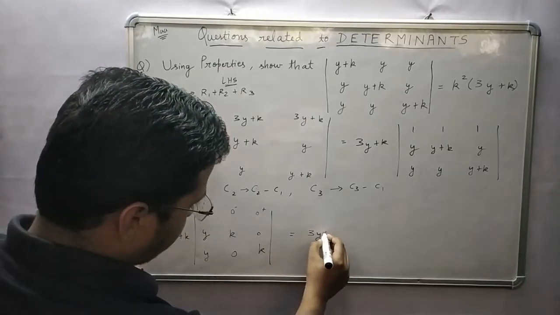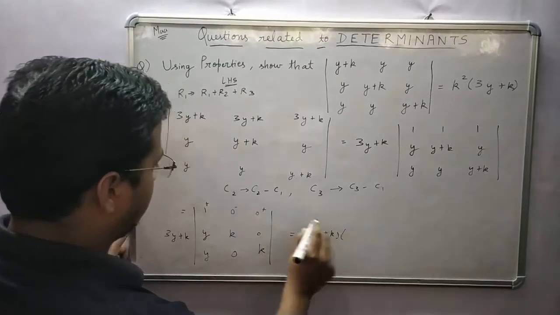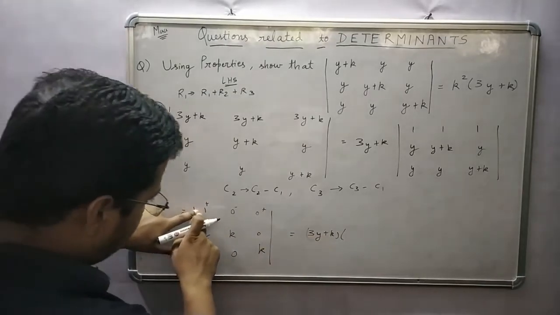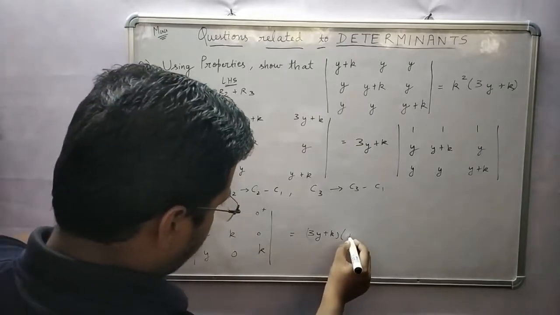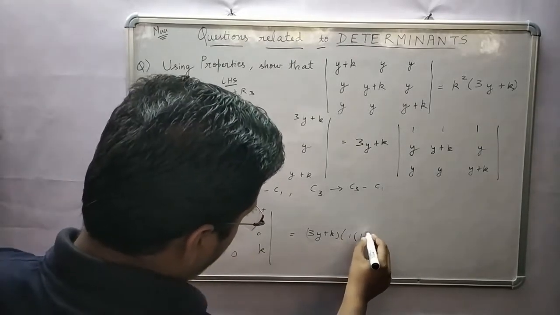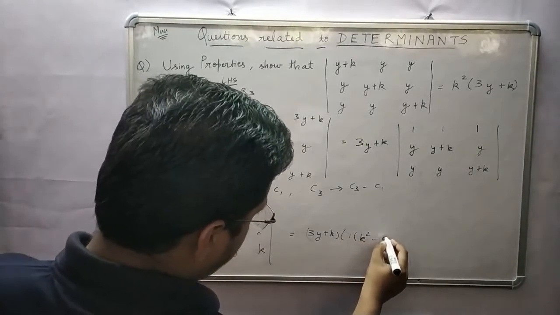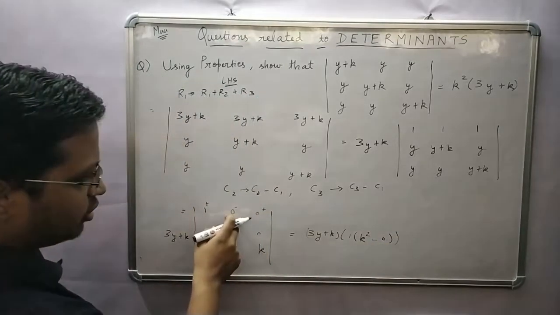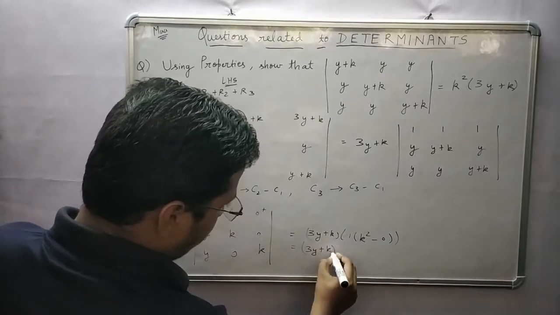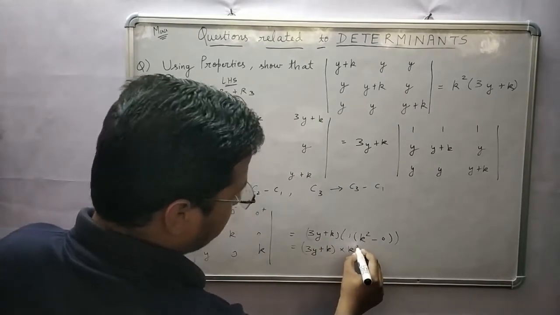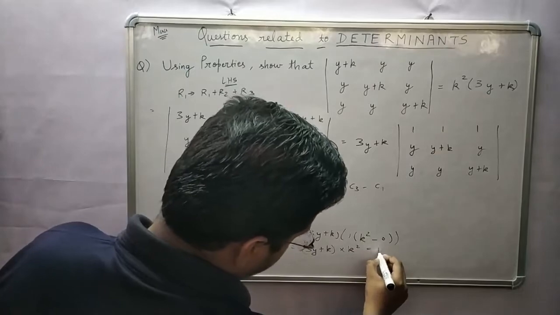So 3y plus k into, if I expand from 1, leaving that row and that column, k into k, so k square, minus 0 into 0 is 0. Everything else will be 0. So this becomes 3y plus k whole into k square, which is our required RHS.